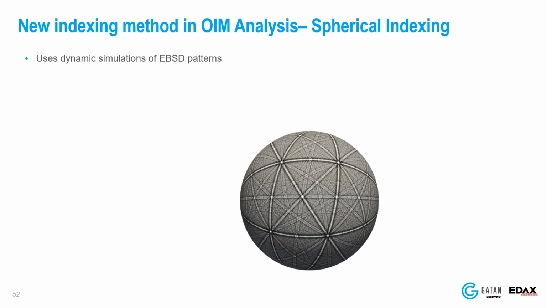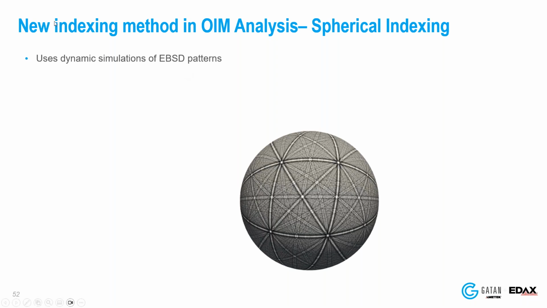We have had a few other webinars about this over the last months, but I just briefly want to highlight that with the reprocessing capabilities in OIM analysis, we also have spherical indexing now. Conventional indexing uses band detection and then the Hough transform, the triplet voting that we do to identify the orientation.